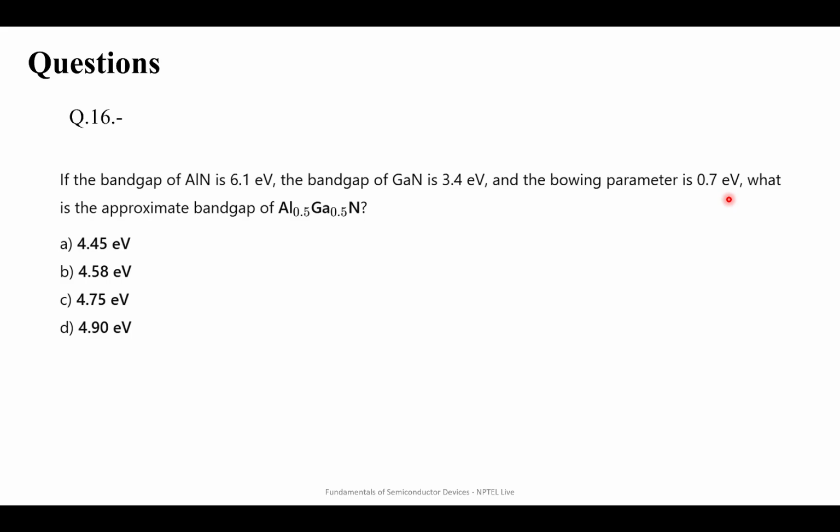We can subtract 6.1 minus 0.7 and 3.4 minus 0.7, then average it. Without the bowing parameter, it should be 4.65, not 4.75. No, it is 4.75, because 3.05 and 1.7. So 4.75.